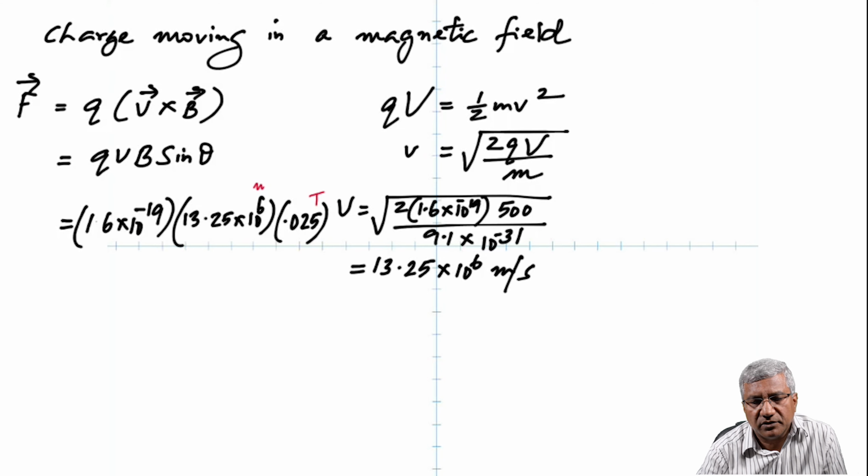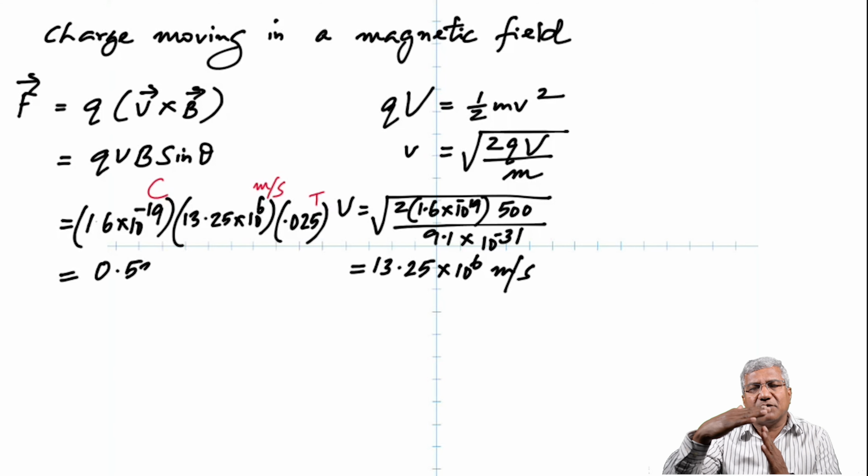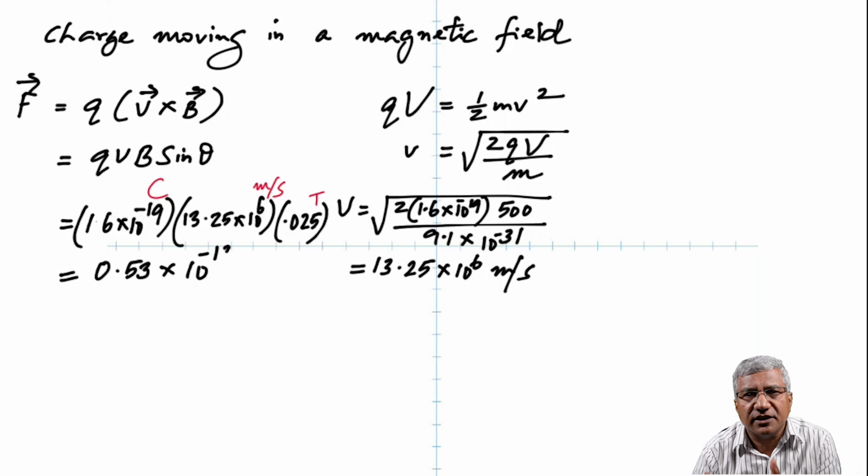Just made up that number. What happened to theta? Okay, if it's moving at right angles to the magnetic field, then theta is 90, sine 90 is 1. So I'm assuming that it moves at right angles, and that's when I get the force as 0.53 times 10 to the negative 13 Newton.